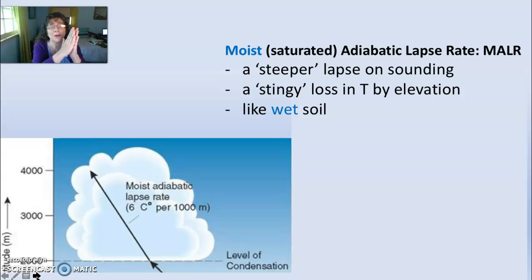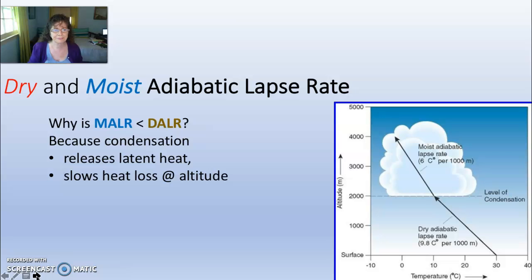It's kind of like wet soil loses heat more slowly than dry soil. Same concept here. If you are cooling off wet soil, it's going to take you longer to do that. If you're cooling off a cloud in higher and higher atmospheres, it's going to take you longer to do that. Let's go back and look at that if you need to. 6 degrees Celsius per 1,000 meters.